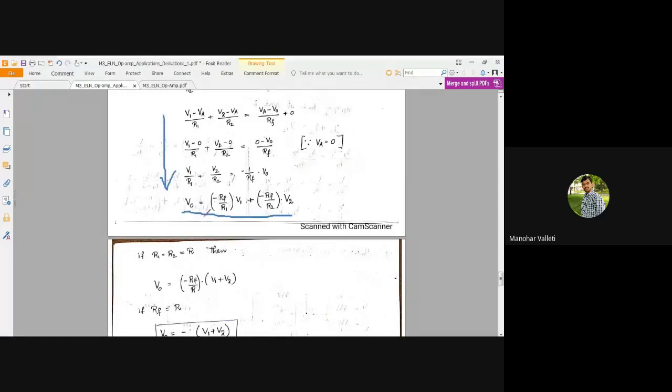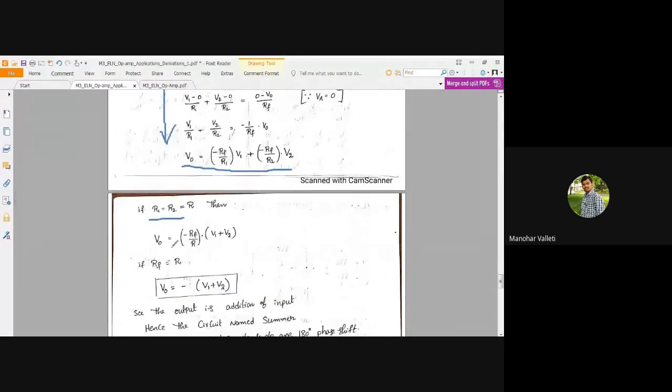Only thing is, as we select different R1 and R2 resistances, you will get different gain. But to prove that this is a summing circuit, we assume R1 and R2 are the same, then you get output equal to some gain multiplied by the addition of the two input signals.